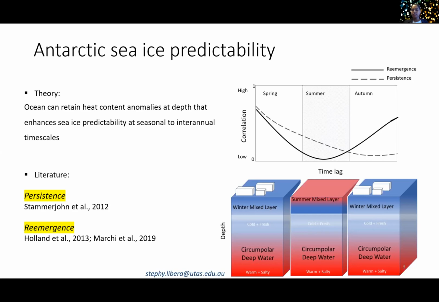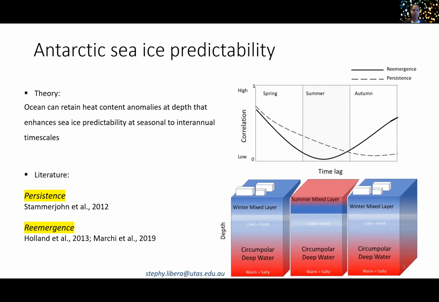So in the summer season, you have stronger stratification. Then in the following season, again, as the surface cools down, this stratified layer breaks down. This is a very simplified concept of how the ocean and ice evolve through the different seasons.